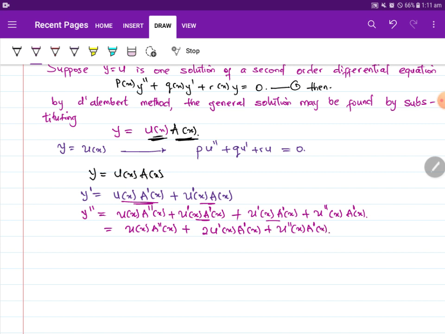Now at this point we can substitute our y double prime and y prime with our y into our original equation. By substituting that, my original equation is now the same thing as p of the second derivative. Are you with me? So I can just go straight to the point by saying it is p u.